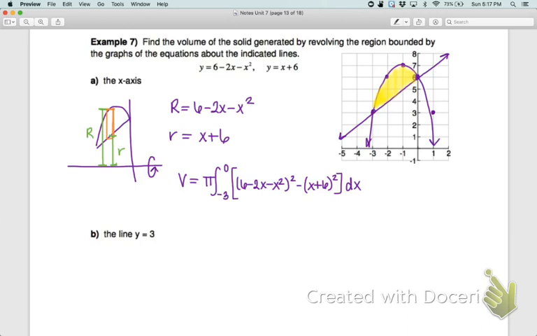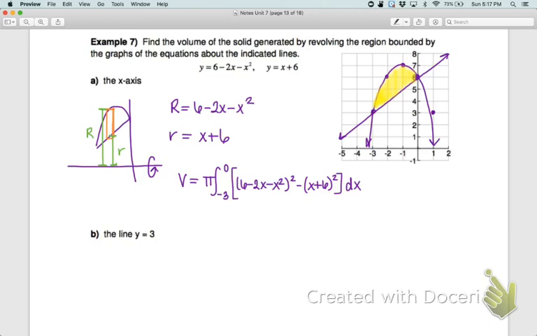Now, if we want to actually find the volume, then we need to integrate that either by hand or, for this one, I would probably use a calculator. You could do it by hand, but that'd be a lot of multiplying out and stuff that gets kind of ugly. So I would just use a calculator there. For B, we want to use the same figure, but we want to rotate around the line y equals 3.